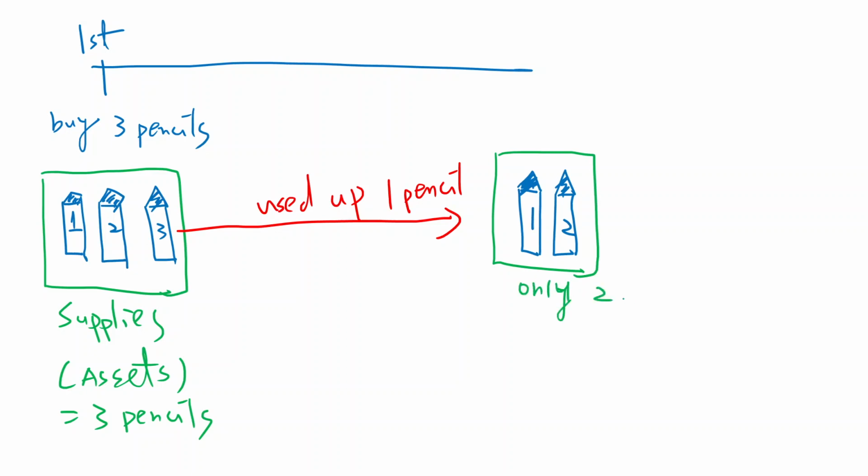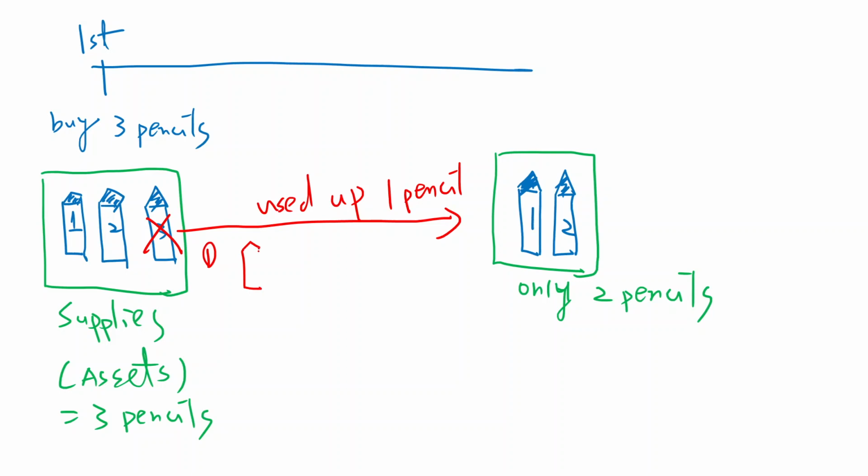Okay? So what does it mean? Use up one pencil means your number 3 is gone, right? Because you use up. So I don't have pencil number 3 anymore. So what's your first effect? First effect means you don't have your number 3 pencil, right? So your assets decrease.